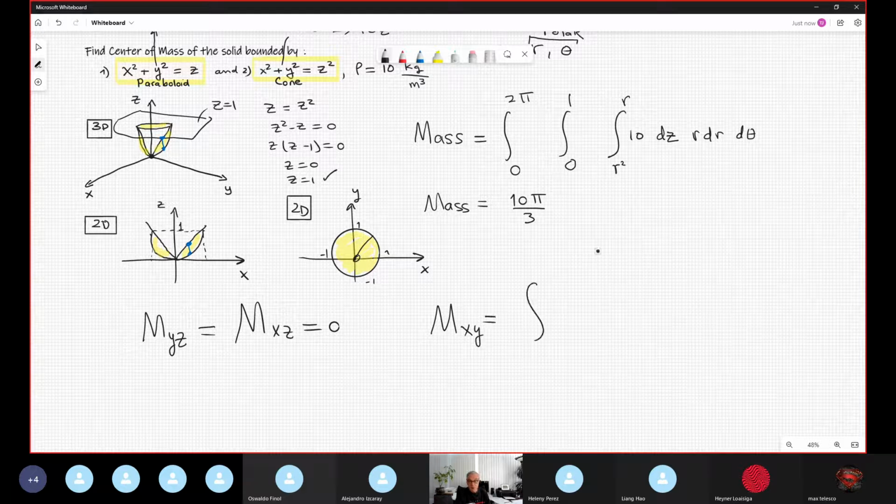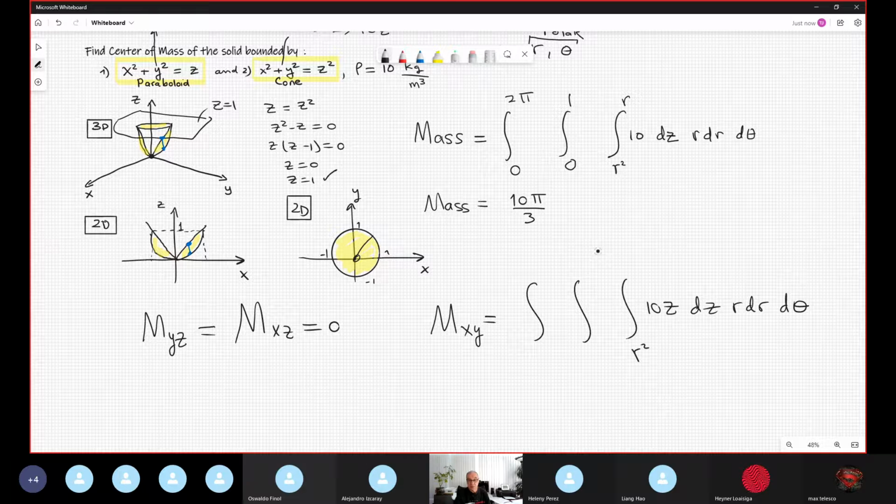Okay, the formula is a triple integral again. And here we have 10Z, because the variable that participates is Z, and the rest is the same. dZ, R dR, dtheta. And the limits are the same, because it's the same solid.